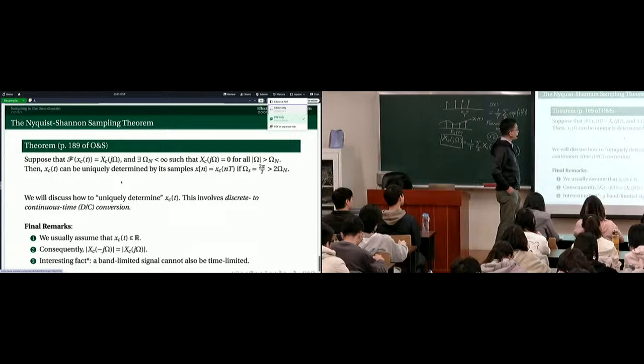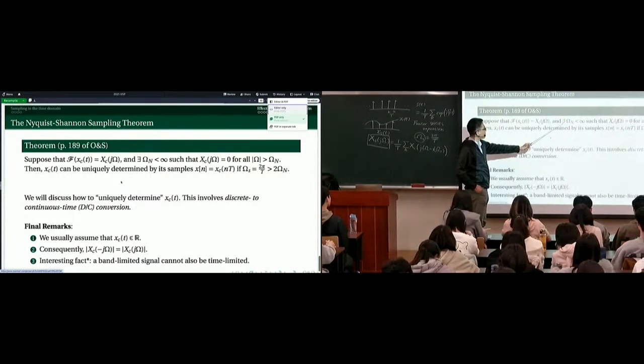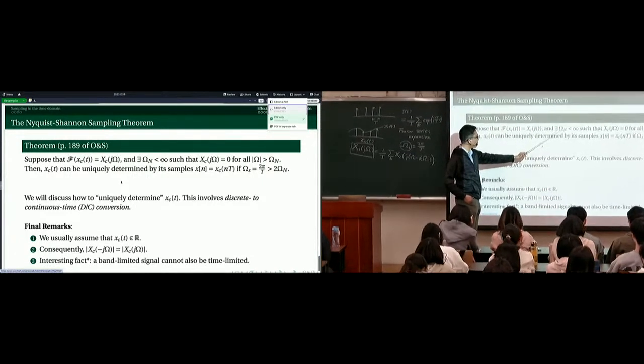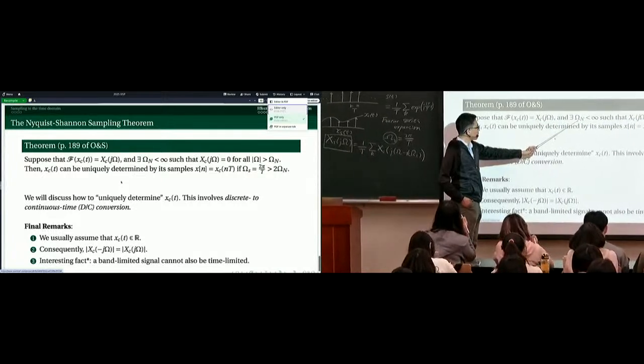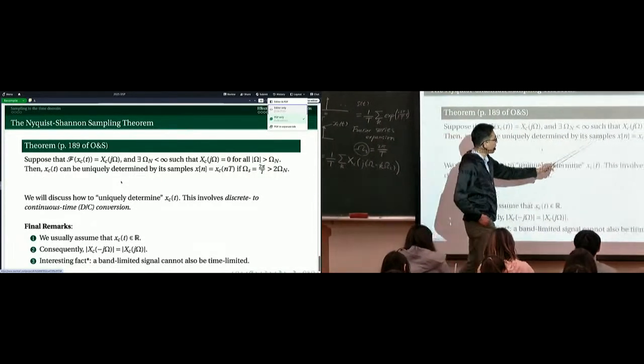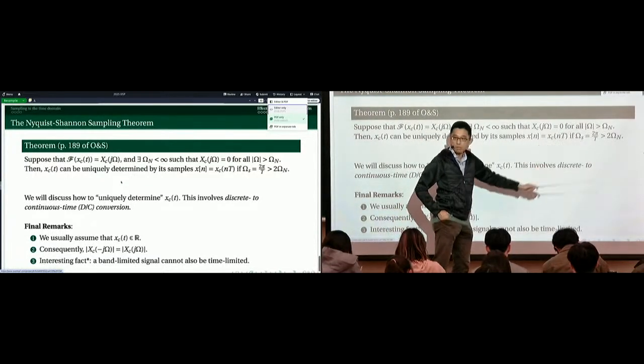And now next, suppose that there exists a band limit, a finite bandwidth such that our spectrum is all zero beyond this bandwidth. Is that clear?